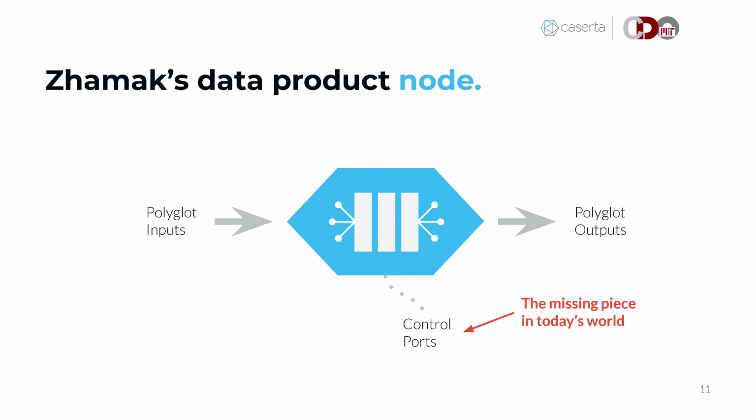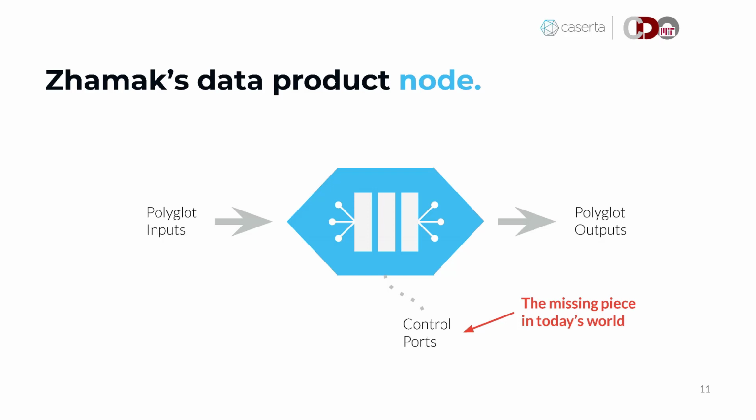What's new and what's exciting about data mesh is her concept of control ports. What a control port is saying is, let's stop spending 6 months coding data pipelines in ETL, in Python, in Informatica, DataStage, Matillion, whatever, right? Let's stop doing that. Let's stop writing code.